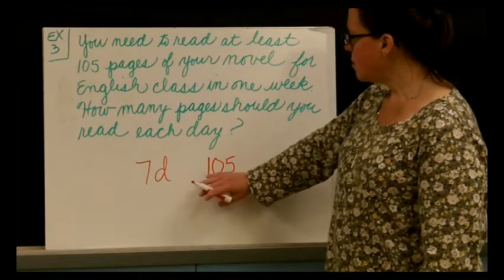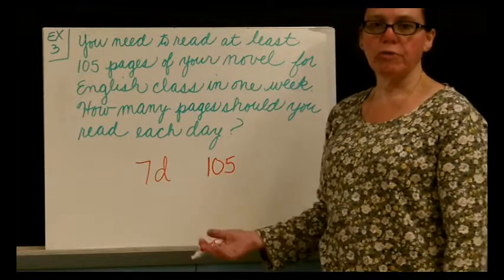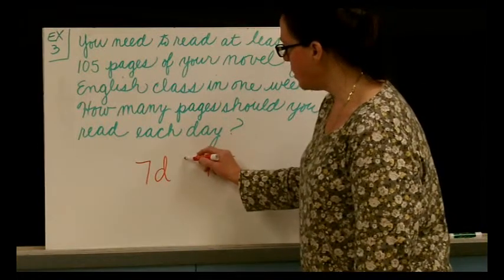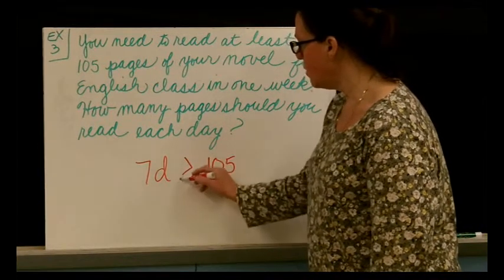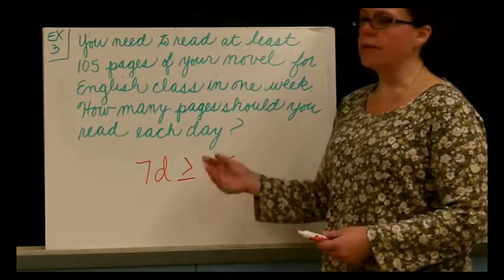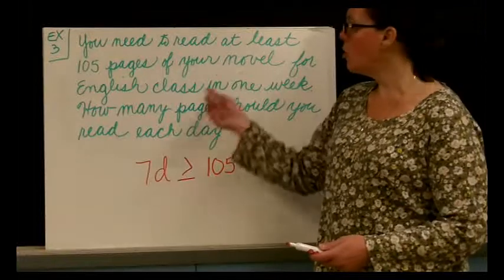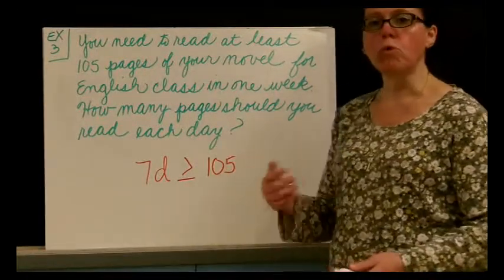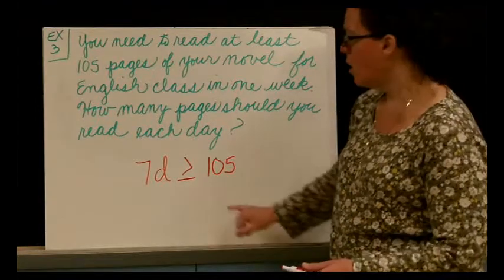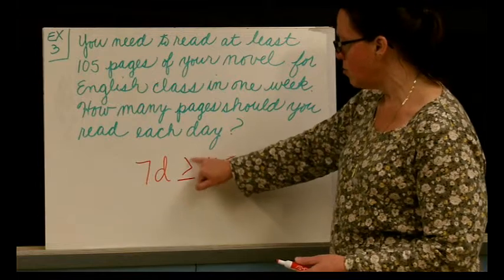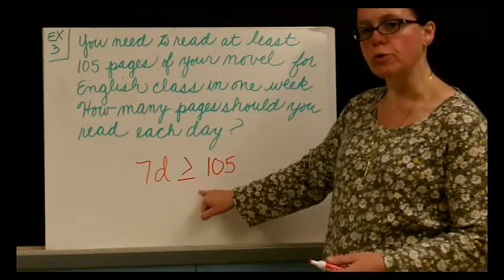The least number of pages that you can read is 105, which means that anything you read has to be greater than or equal to it. Because if you read anything less than 105, you will not be fulfilling the assignment. Since you're allowed to read more than 105 pages, we put the inequality symbol greater than or equal to.